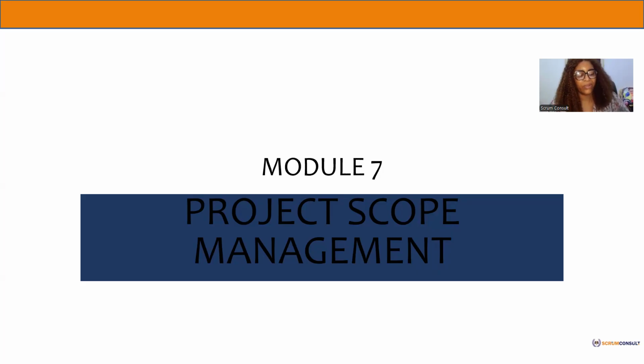Okay, so when we are looking at project scope management, we are basically looking at how we want to manage the work to be done in the project, the extent of work, how to manage the deliverables or the features or the work items that are expected to be executed in the project.